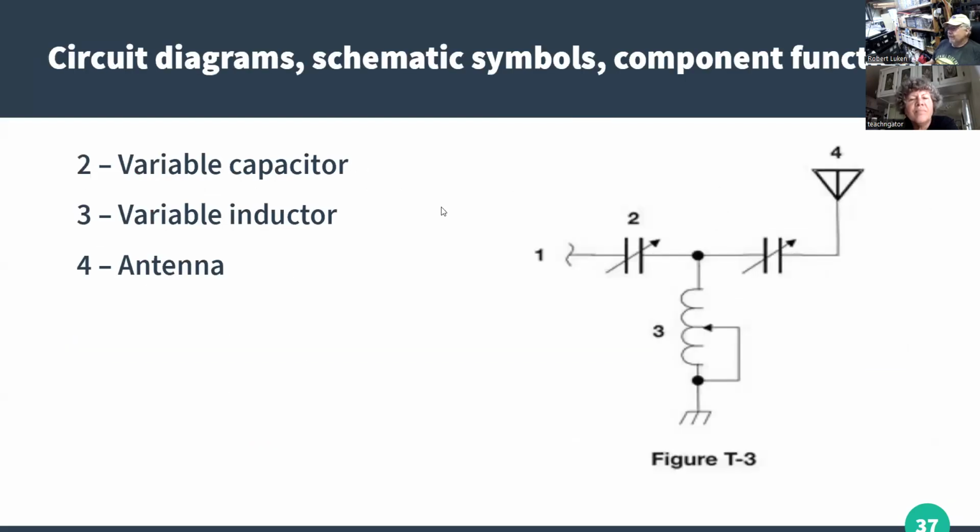Okay, here's some more. Now we have 2, which is a variable capacitor, like that one we talked about where you rotated the plates. And that's how we indicate the fact that it rotates. Number 3 is a variable inductor, and that's usually some sort of sliding mechanism that can connect with the different turns.